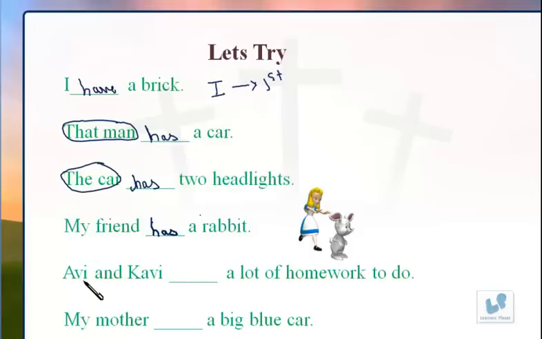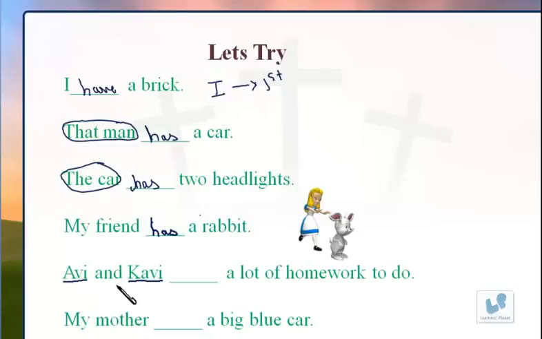Now let us see the next fill in the blank. Avi and Kavi dash a lot of homework. Avi and Kavi are the names of two people, and we know that names of people come in the category of third person plural, and in the third person plural to describe belonging we use have.